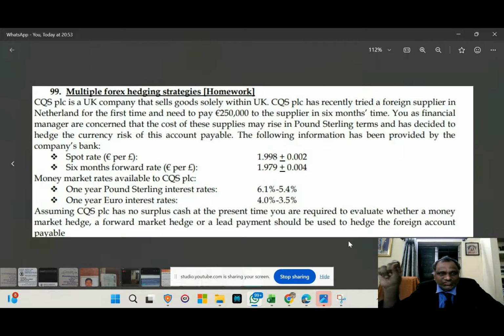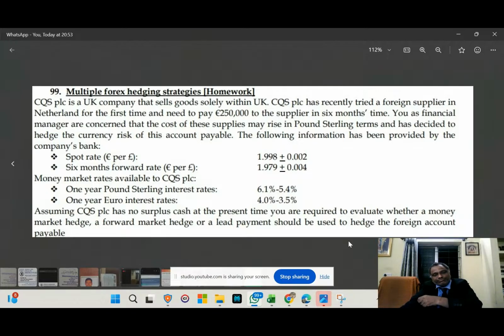You, as financial manager, are concerned that the cost of these supplies may rise in pound sterling terms and have decided to hedge the currency risk of this account payable. The following information has been provided by the company's bank.